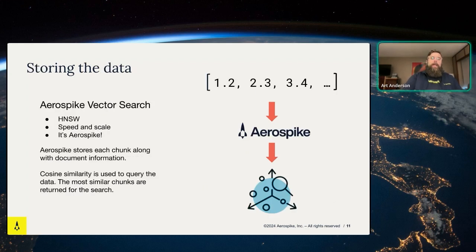We're storing the data in Aerospike. Like I said earlier, we're a distributed NoSQL database, and at our core, we are a key value store. So Aerospike is really just the storage backing for the vector search, and also, as we'll see, our keyword index. The way Aerospike vector search works is there's a service running alongside the database that implements a hierarchical navigable small world search algorithm.